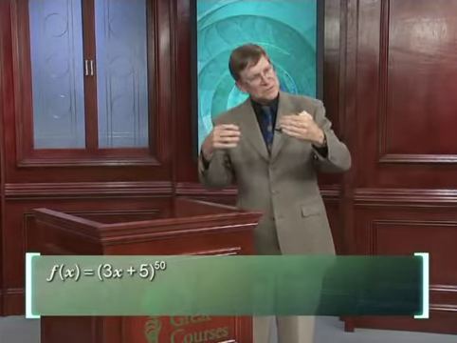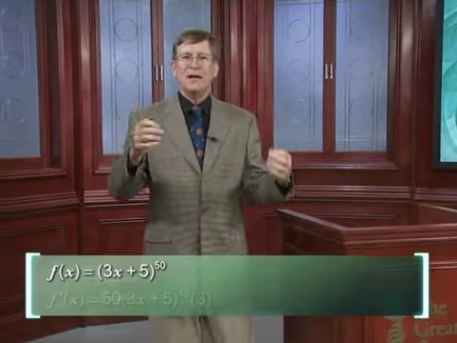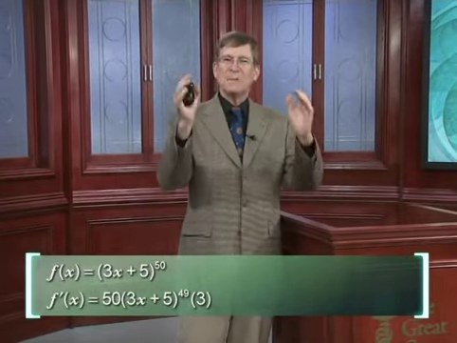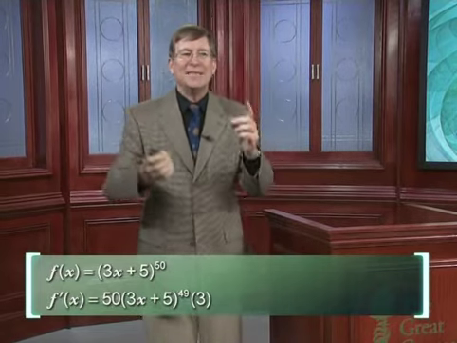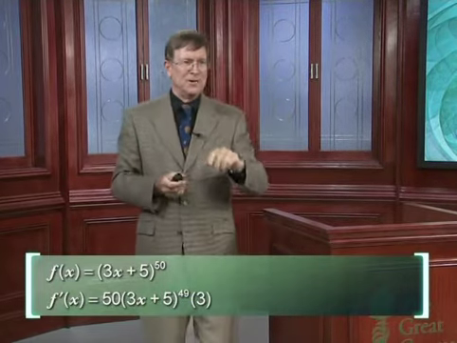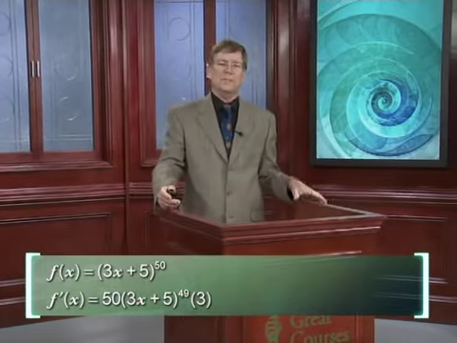Hopefully, after this lecture, you look at that problem and go, ha, that's easy, I can do that one. It's nothing more than 50 times 3x plus 5 to the 49th, and then don't forget the inside derivative times 3. Good. And then you could, of course, simplify that. Great. I think you're comfortable now with the chain rule.